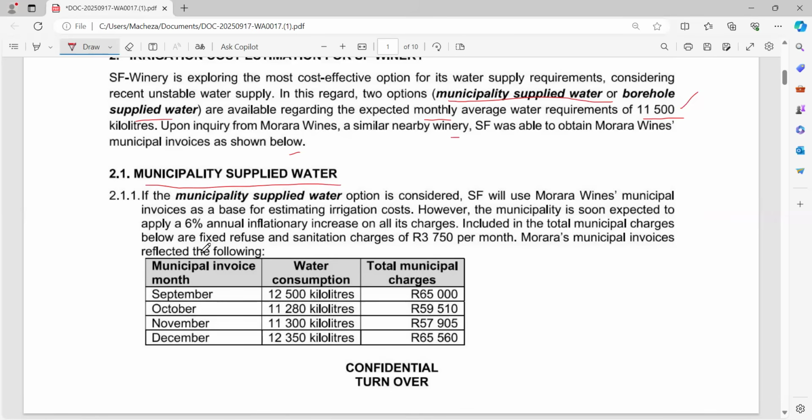If the municipality supplied water option is considered, SF will use Morara Wines' municipality invoices as a basis for estimating irrigation cost. However, the municipality is soon expected to apply a 6% annual inflationary increase on all its charges.